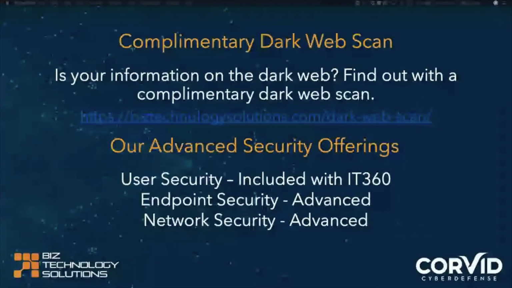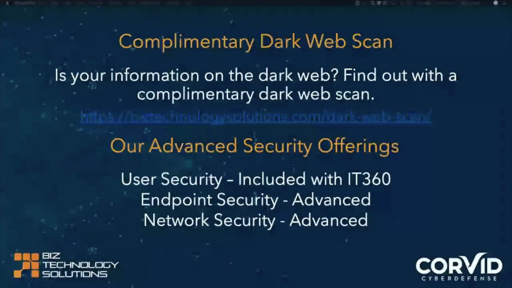So if you're interested in that, what it's going to do is we're going to be able to look at any of the information on the dark web. We have a service that actually looks through different forums, different websites that are there, and looks for credentials that have been leaked. And that just kind of helps us, from an end user point, to see, okay, what are our at-risk users.